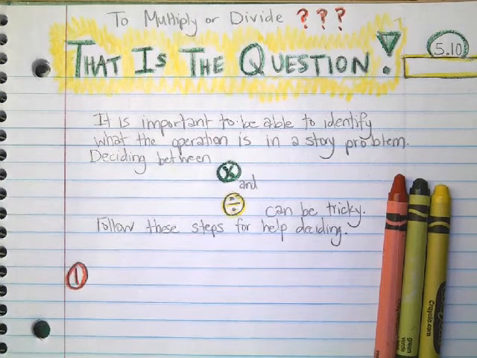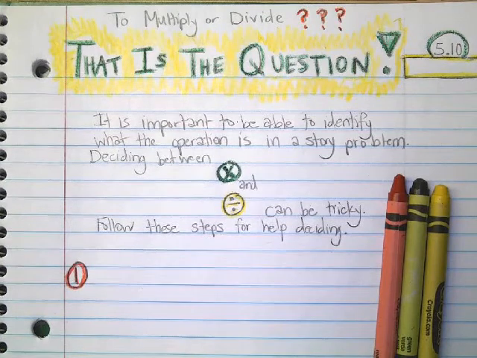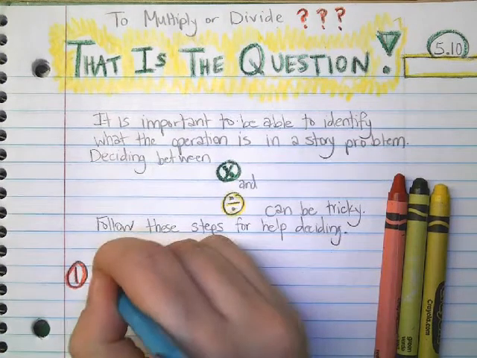Okay, so the first thing we're going to do if we're looking at a story problem is highlight or circle the important numbers in the story problem.